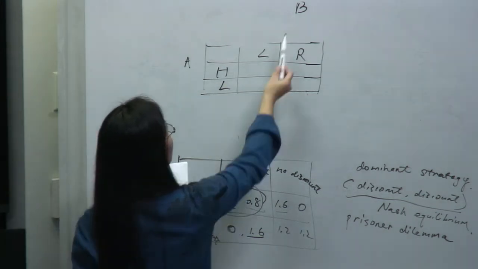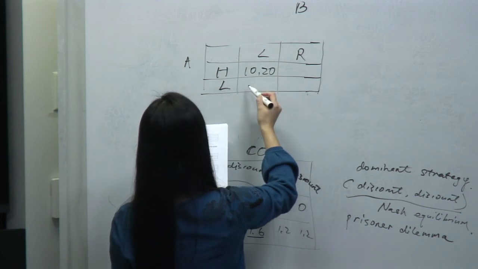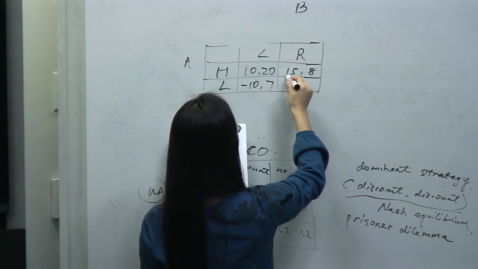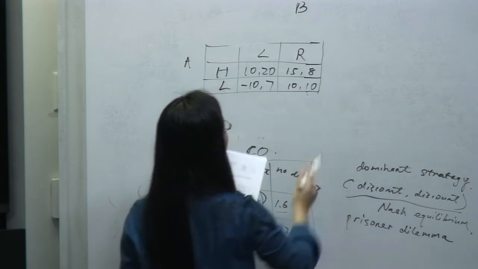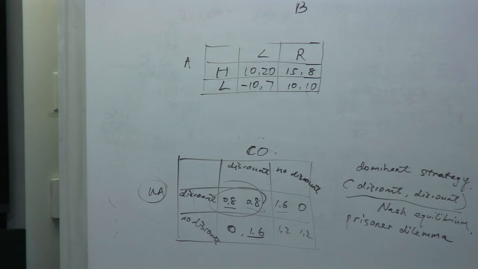H and L for A, and L and R for B. Then here's the payoff. This is a simultaneous move. I want to ask a couple of questions from here.